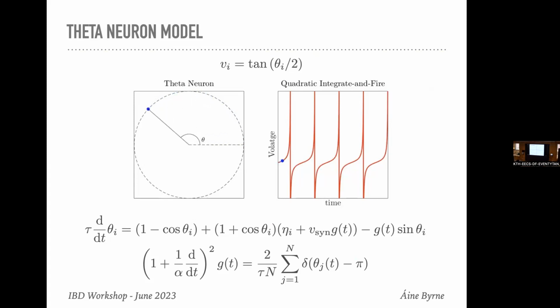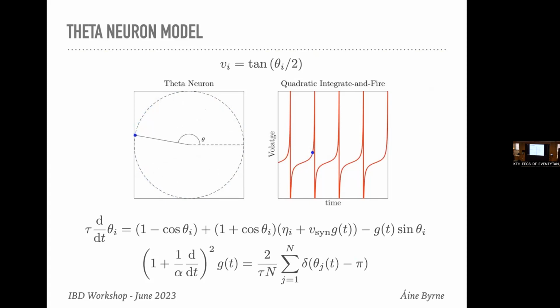So you're going between, say, minus pi and pi, and every time the neuron spikes, so it goes through threshold, so on the right you've got the voltage trace, is when you go through pi in your phase variable, and then your phase evolves with time, corresponding to where your voltage is in relation to how close or far away it is from threshold. That's the main idea, and in doing that you can come up with a phase description.